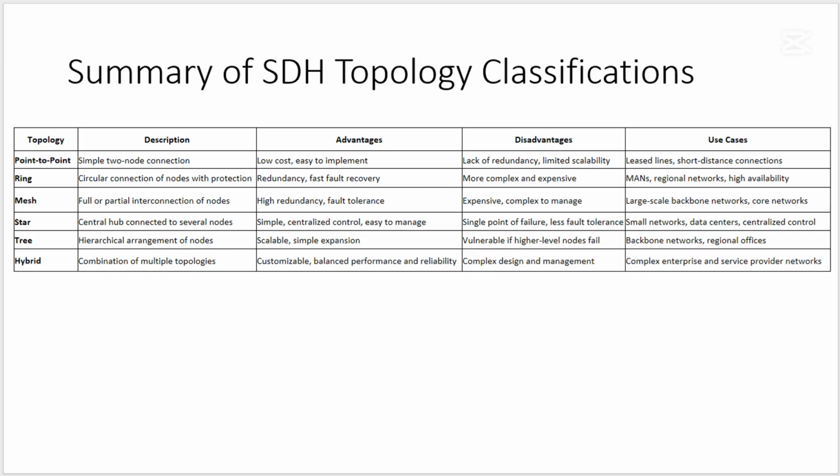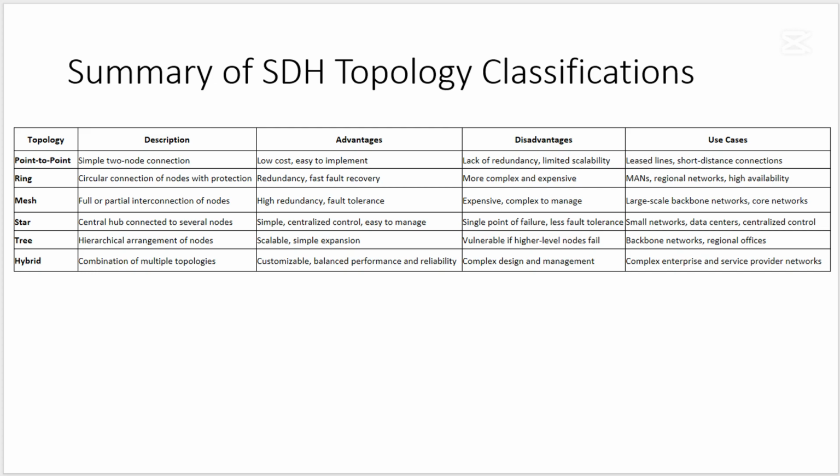Mesh: full or partial interconnection of nodes, high redundancy and fault tolerance; disadvantage, expensive and complex to manage. Star: a central hub connecting several nodes; advantages, simple, centralized control, easy to manage; disadvantage, a single node failure is a single point of failure, which will cause a lot of trouble and less fault tolerance.